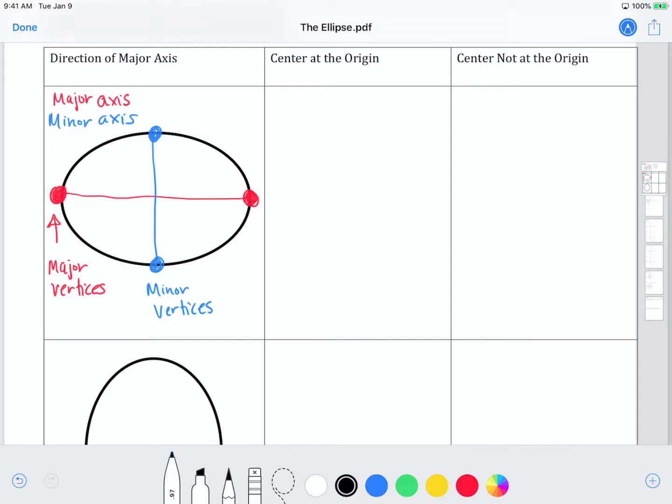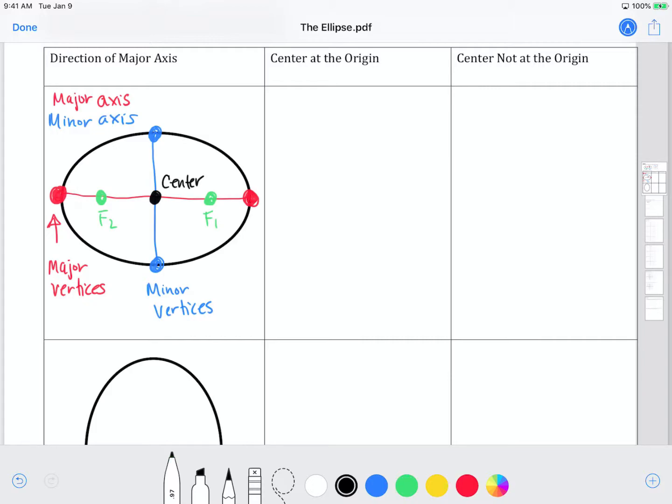And then, of course, we have the center in the middle, where the major and the minor axes cross. And then we have the focal points, I'll call it F1 and F2. And the focal point always runs on the major axes. The focal points will never be on the minor axes.